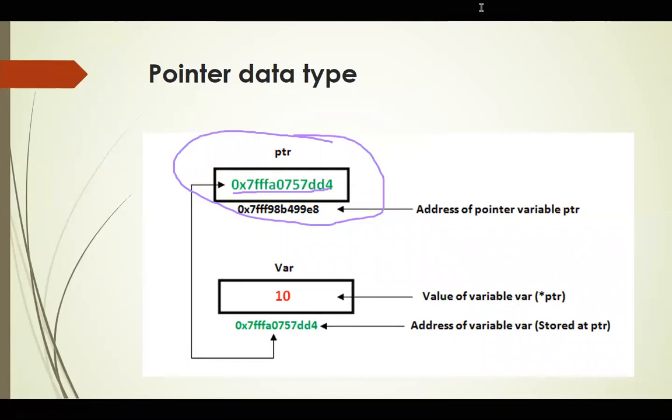So you can say that if you have a variable B, then the pointer of B would be its memory address.